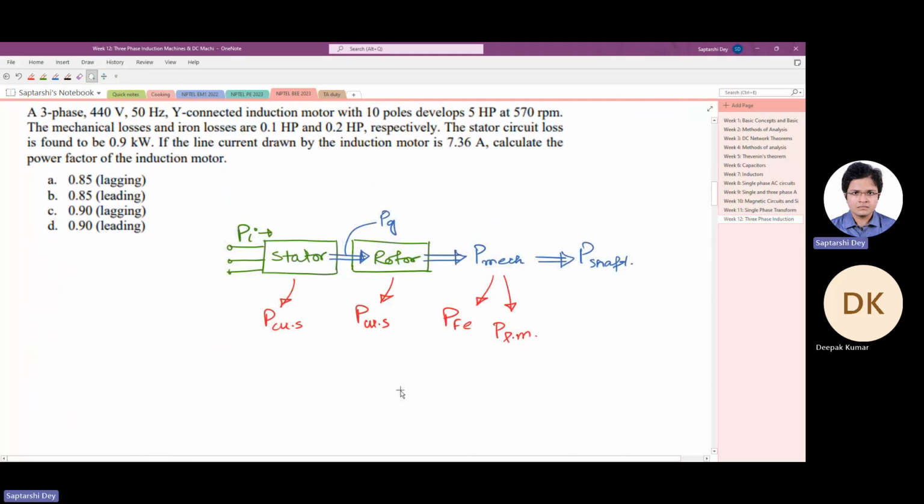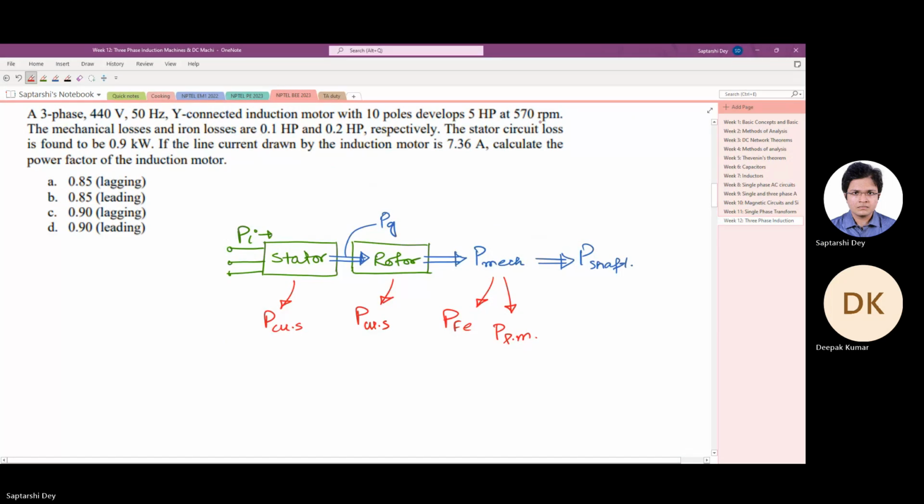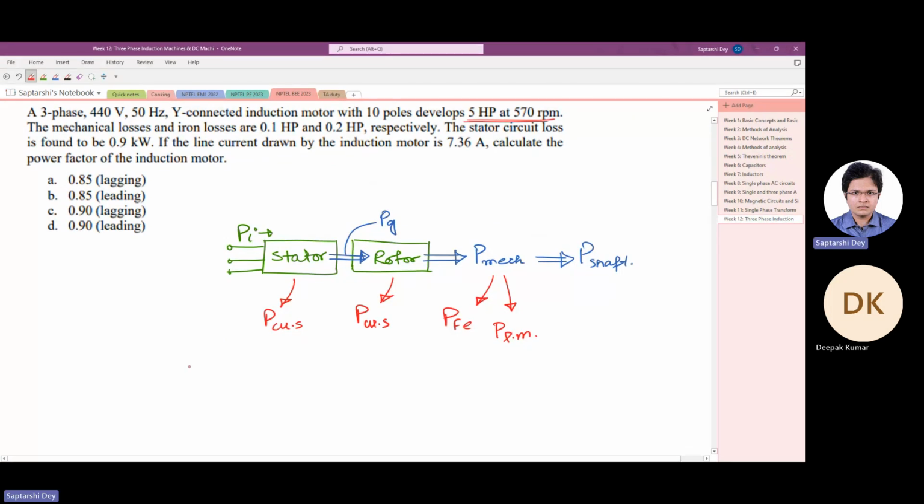See, the question doesn't clearly say whether it develops this much at the shaft or as developed power. It doesn't say.